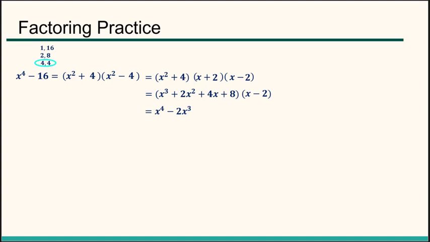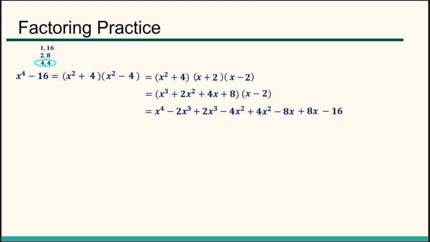The x cubed times the minus 2, that's a minus 2x cubed. Now I take that 2x squared and distribute it among those two terms. That's going to be plus 2x cubed minus 4x squared. Then I take this 4x and distribute it among those two terms. So that's going to be plus 4x squared minus 8x. Very lastly, the 8 gets its turn at both the x and the negative 2, so plus 8x minus 16. Now, I've got to combine like terms.